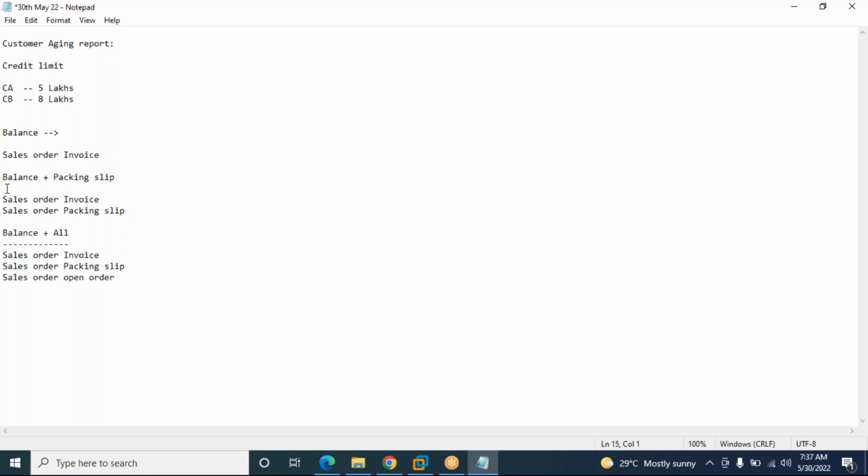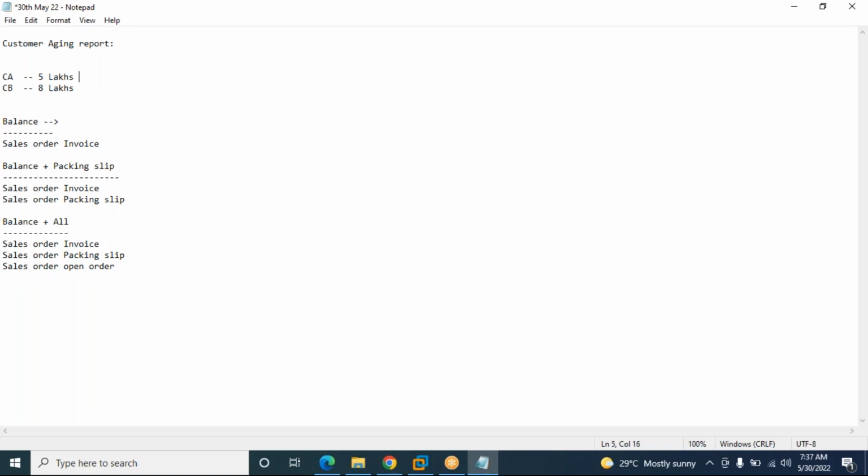Understood? Any questions here? No, actually, what is the difference between all the three? I'm not able to understand. Yeah, suppose here we have mapped 5 lakhs for a specific customer.